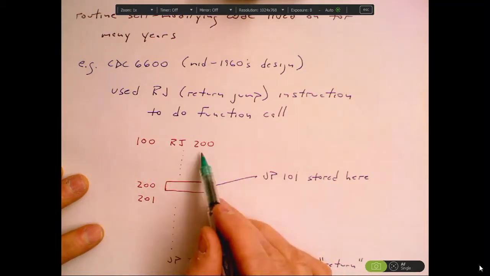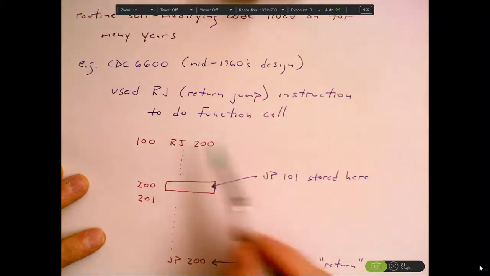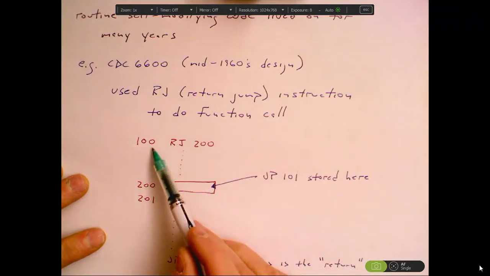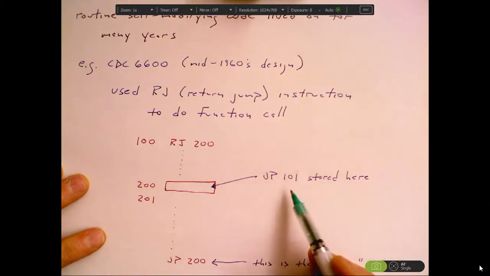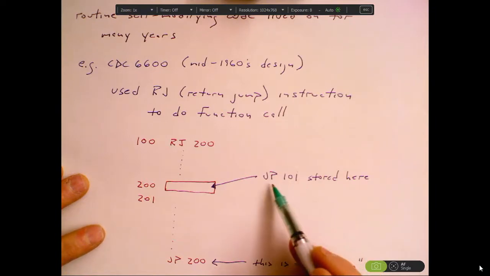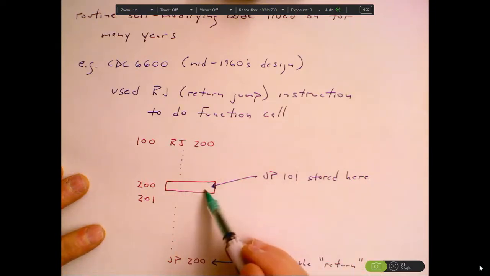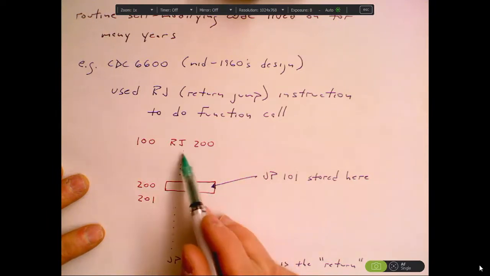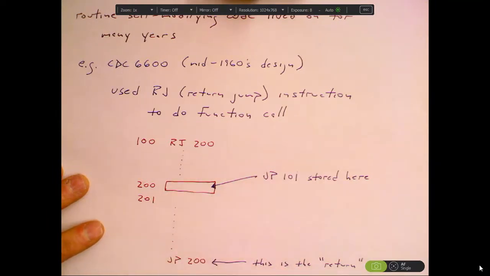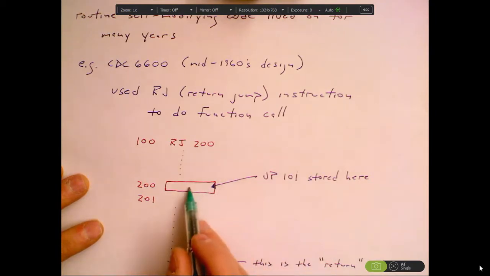So the RJ 200 instruction would look at the PC essentially, see that it was 100, increment that to 101, and then store a jump instruction in here to 101. In other words, it would store a jump to the return address at the location 200.